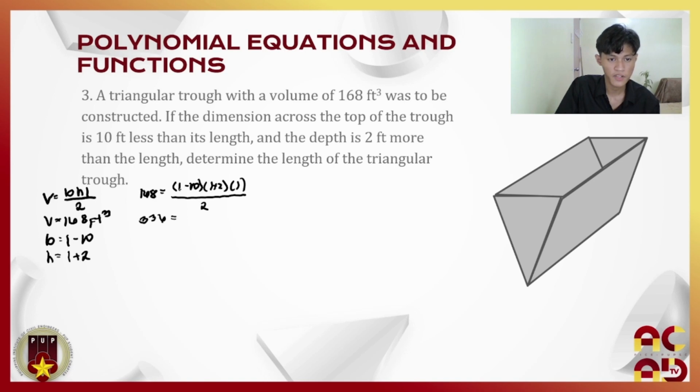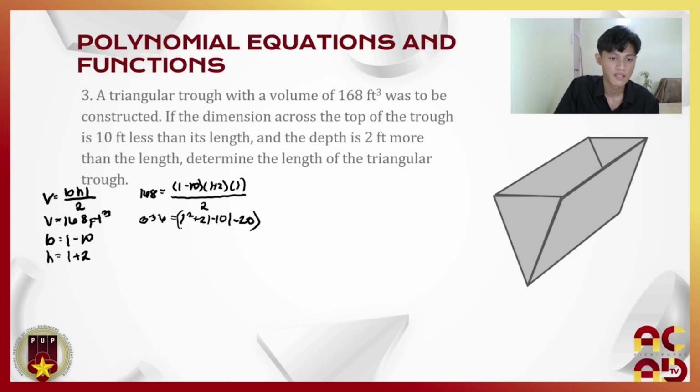And then for our FOIL method, L times L, we have L squared. L times 2, we have plus 2L. Negative 10 times L, we have negative 10L. Negative 10 times 2, we have negative 20.